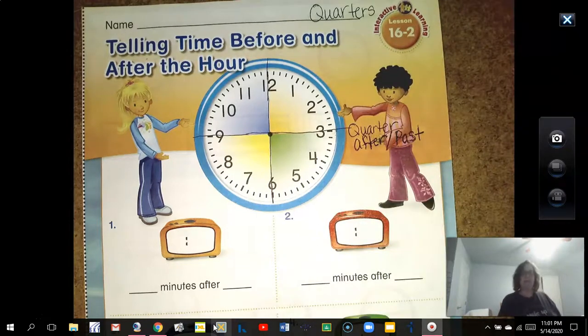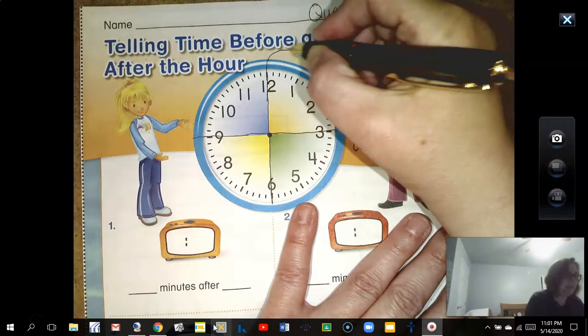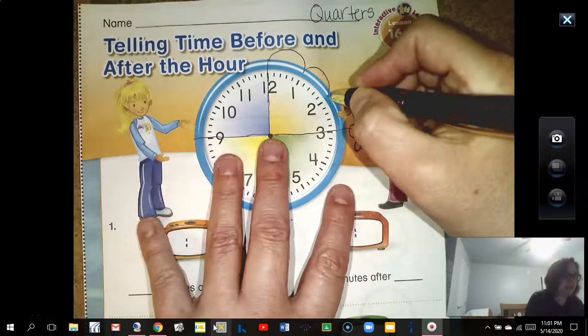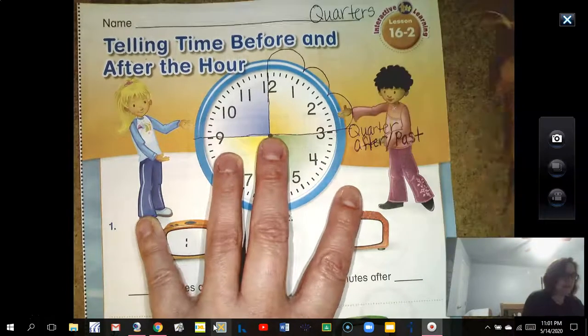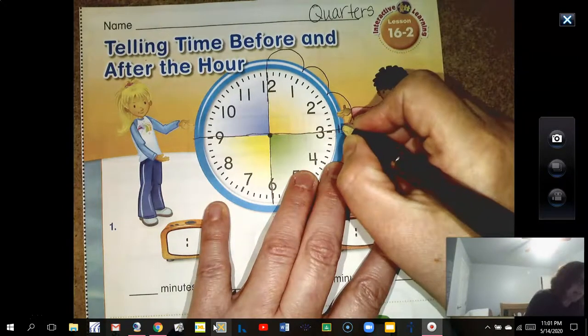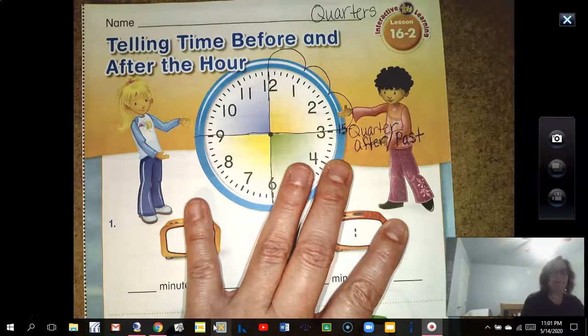Okay? So a quarter of this clock would be, count with me, 5, 10, 15. So this would be 15 right here. Okay, and you may write that as well.